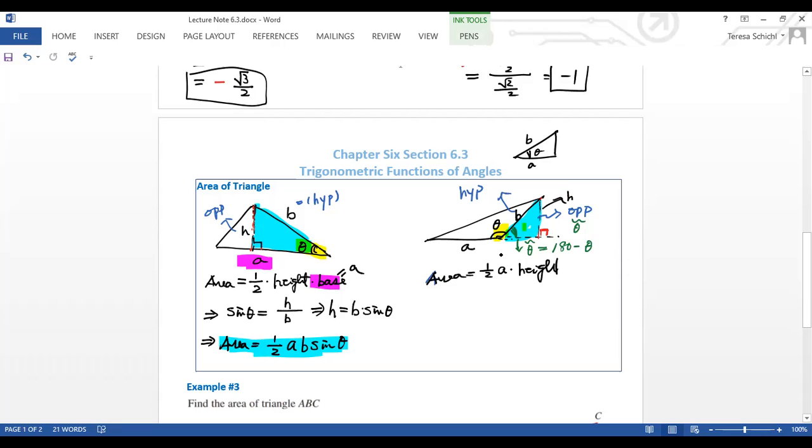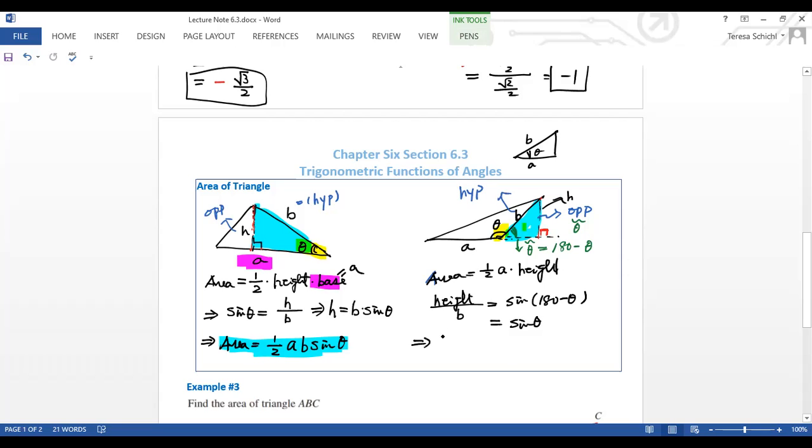The height is the opposite over the hypotenuse, over B, which is equal to the sine of 180 minus theta, because sine is positive in the first quadrant and the second quadrant. So sine of 180 minus theta equals sine theta. It's like the reference angle for that.